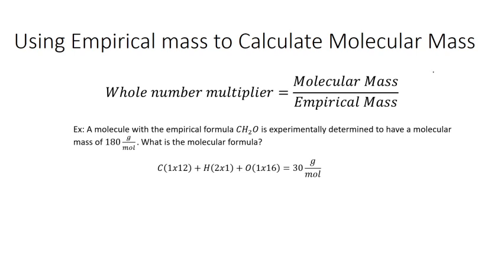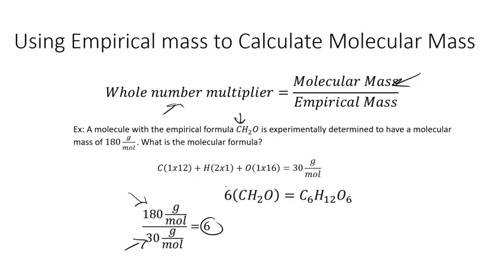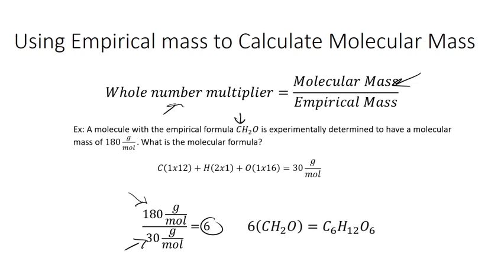Now we're going to use this formula up here, and we're going to say, well, our molecular mass, 180 grams per mole, our empirical mass, 30 grams per mole, and we get this answer of 6. And so that is going to be our whole number multiplier by which we are going to multiply the empirical formula to find the molecular formula, just like this.